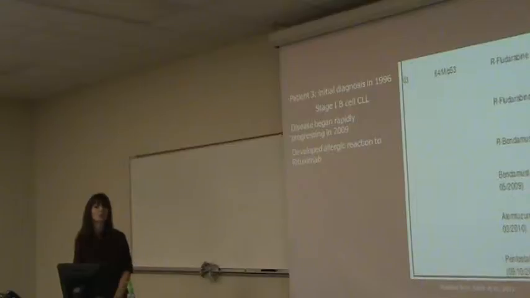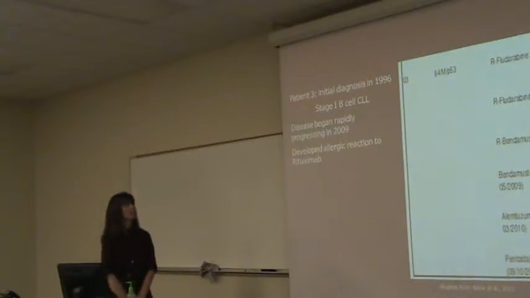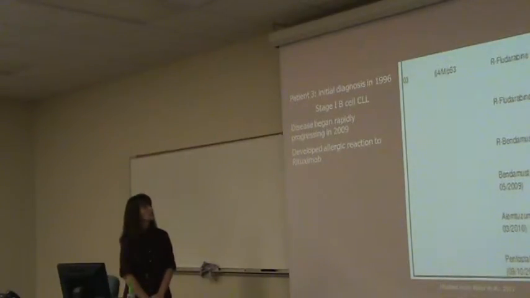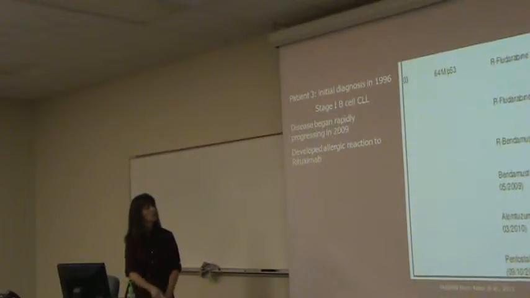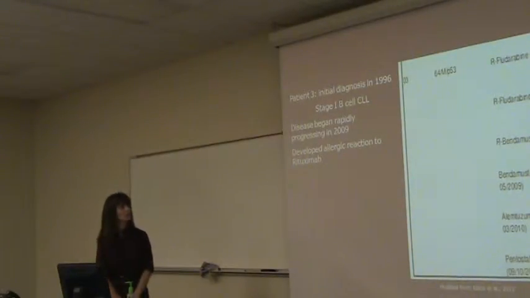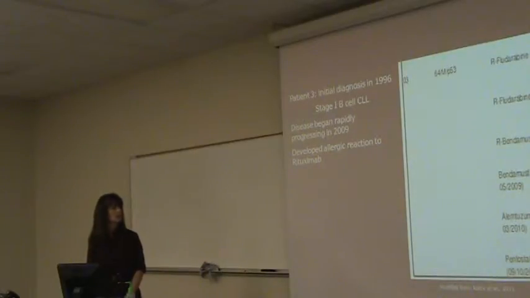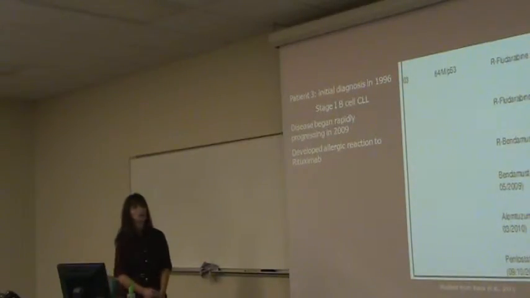And patient 3 was initially diagnosed in 1996. He also had the P53 gene mutation that we talked about. And as you can see from his chemotherapy treatment from 2002 to 2010, he also had several cycles of chemotherapy. And he also developed an allergic reaction to rituximab, which is one of the chemotherapy agents that was used.